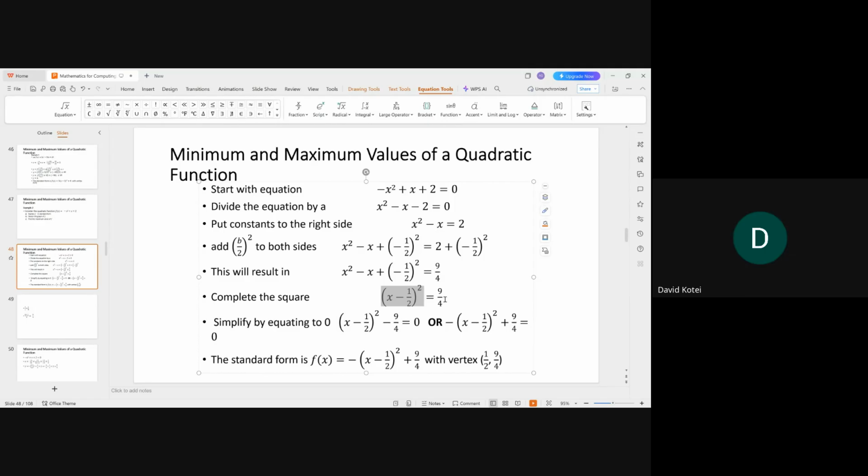I'm coming to that, we are not there yet. How do we equate it to 0? We can achieve that by multiplying through by 4, and bring in the 9, which will give us minus 9.